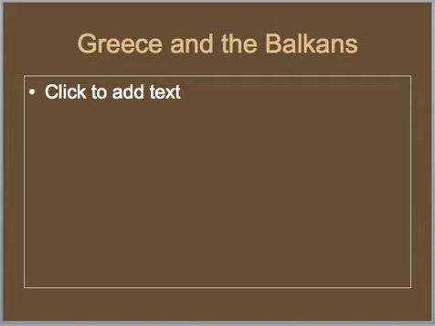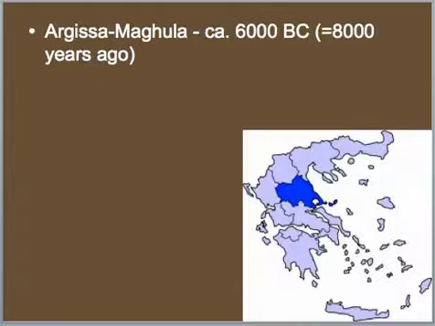Okay, so when you look at Greece, the Balkans, right, Bulgaria, this is when you have the first agriculture in Europe. And then one site over here called Agrisa, there's agriculture around 6000 BC. So that's the time period around the PPNB, or a little bit slightly later than the PPNB.